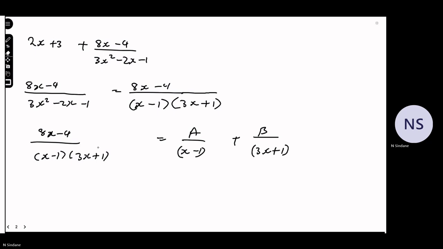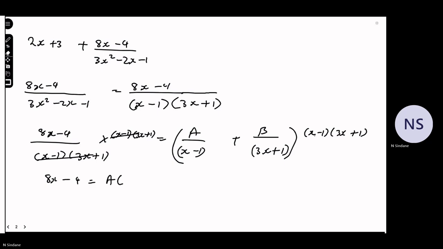Then you can cross multiply by x minus 1 and 3x plus 1, and do the same on this side. These cancel, and I'm left with 8x minus 4 equals a into 3x plus 1, plus b into x minus 1.